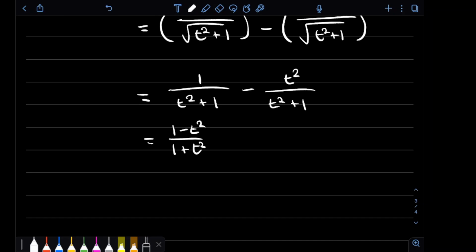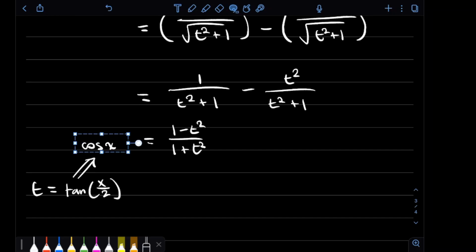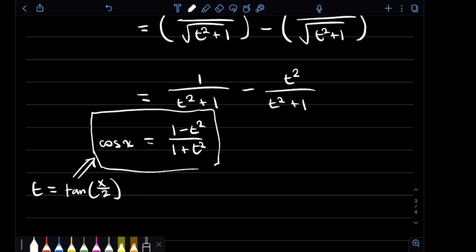Now, with that substitution from earlier, and I'll remind you, the substitution was t equals tangent of x over 2, it implies that the cosine of x, normal x, not x over 2, is actually equal to this, which doesn't involve any trig functions at all.